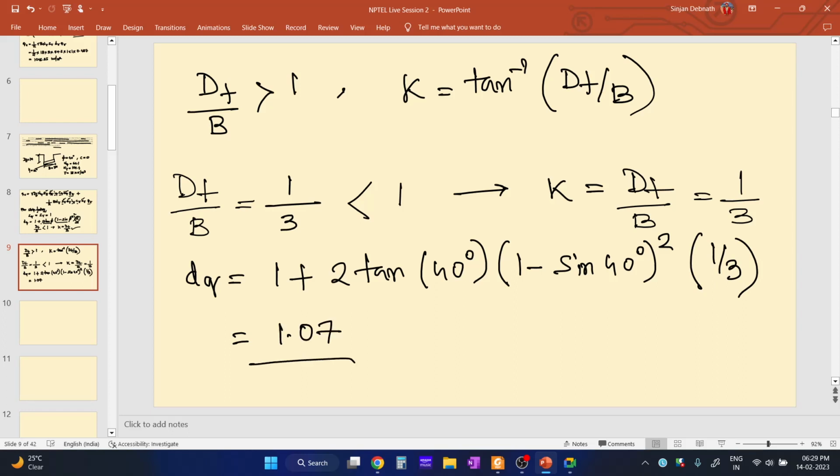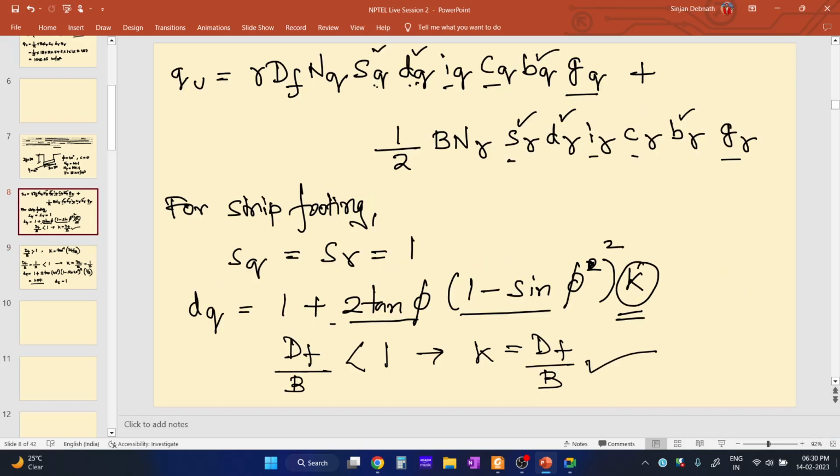And for strip footing, d gamma, the depth factor for the third term, is 1. Okay, so do we have all the factors?